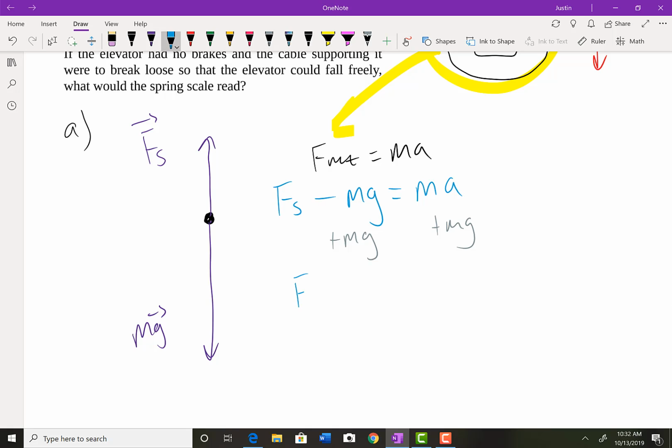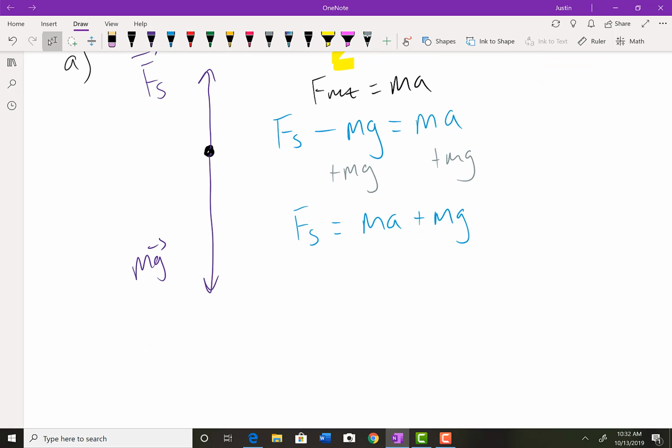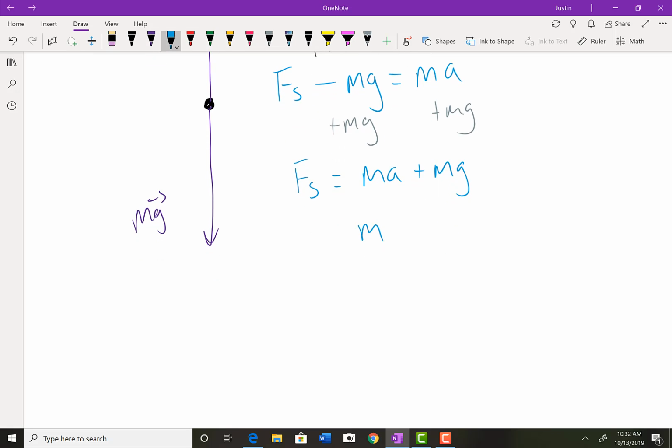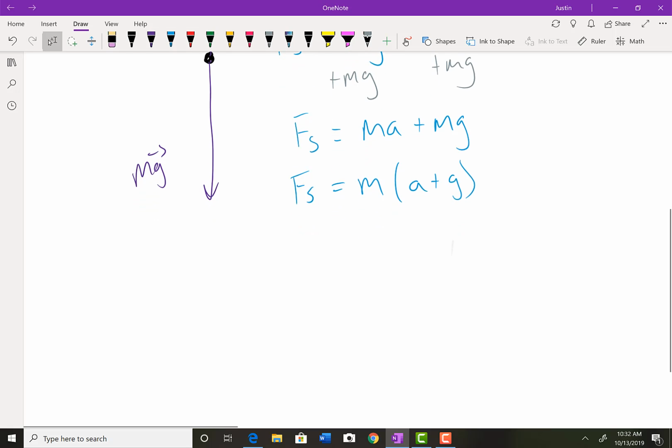Then I'm going to have the spring force equals ma plus mg. And I can see I got mass in both these terms here, so I'm going to factor out that mass, and then I'll get m times (a plus g) equals the spring force. Last thing I'm going to do is isolate m by dividing both sides by a plus g.